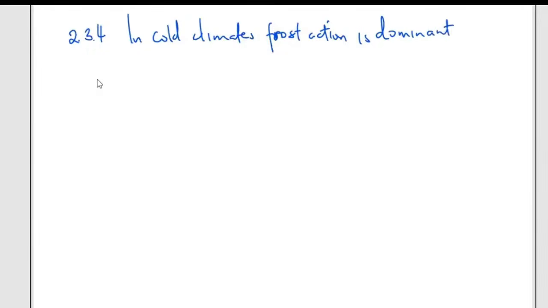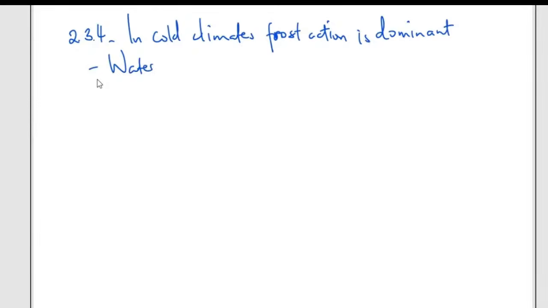Right, well, let's look at cold climates. In cold climatic areas, we have typical frost action happening. Frost action is dominant in cold areas. Areas where temperatures fall to freezing point, we have the issue of frost action. What is going to happen?